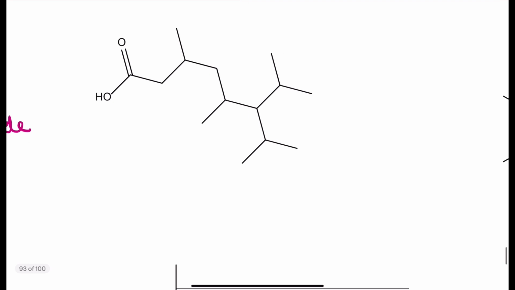Let's look at this one. Here I recognize immediately that I have a functional group right here of a carboxylic acid. That's also useful because I know that that has to be the first carbon. 1, 2, 3, 4, 5, 6, 7, 8. I could also have done 7, 8 the other way.